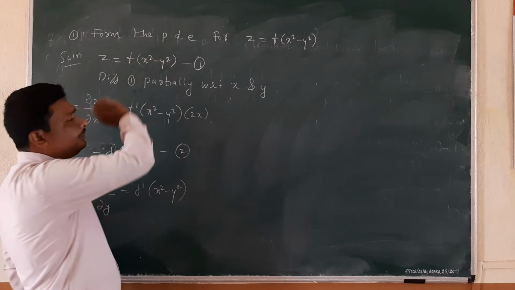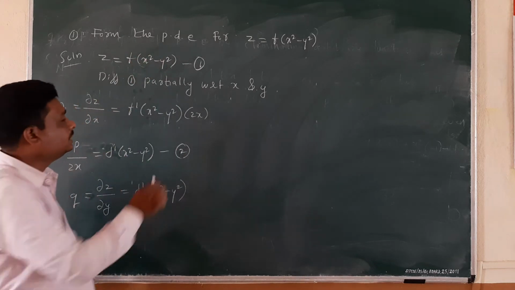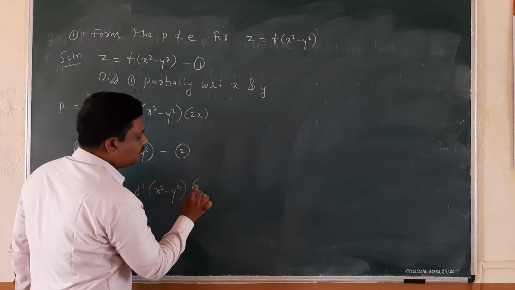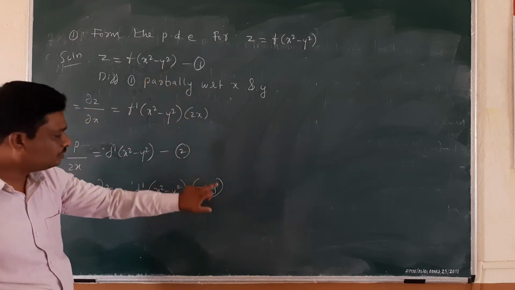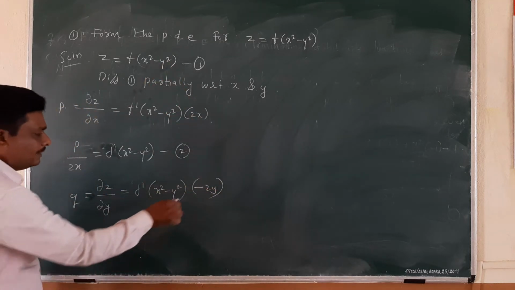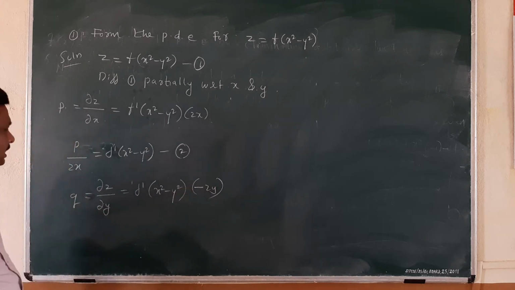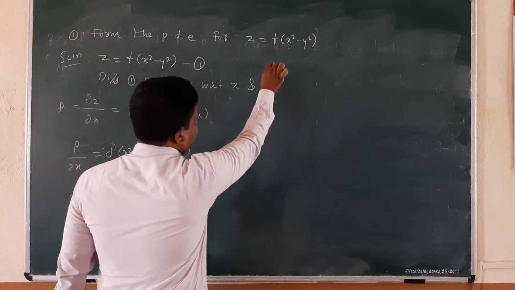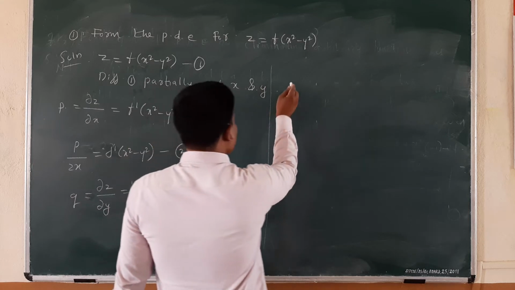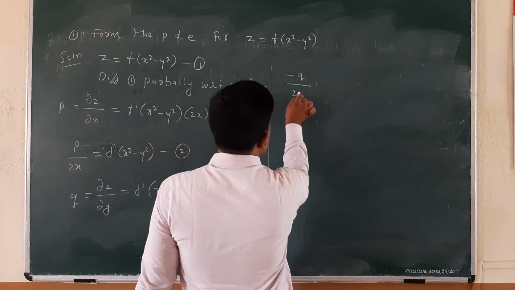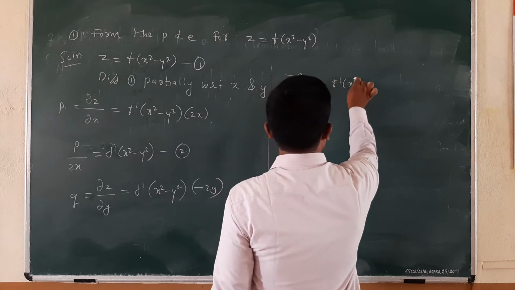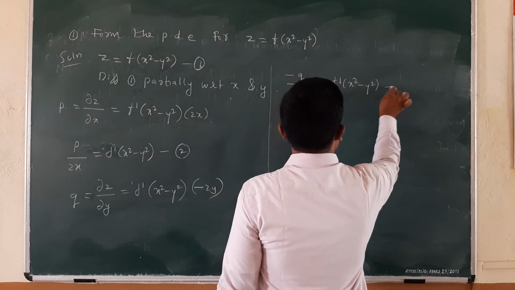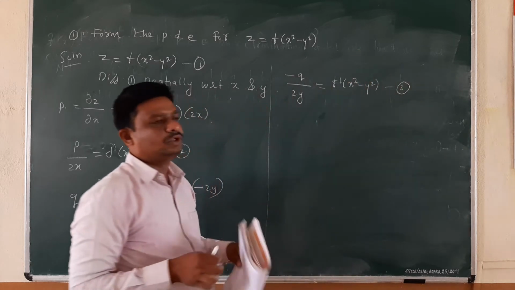Derivative of x square is 0 because it is constant, and derivative of y square is 2y, with a minus sign because here we are having minus. So q is equal to minus 2y f dash. I will take this minus 2y to LHS. So this becomes minus q upon 2y is equal to f dash of x square minus y square, equation number 3.